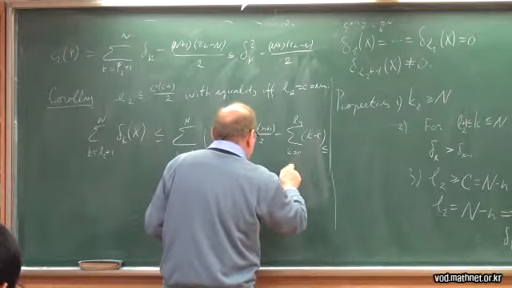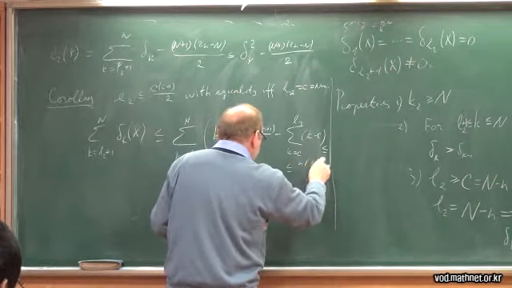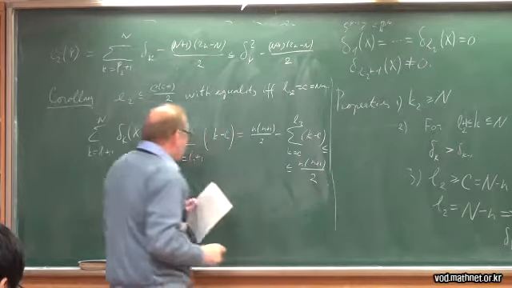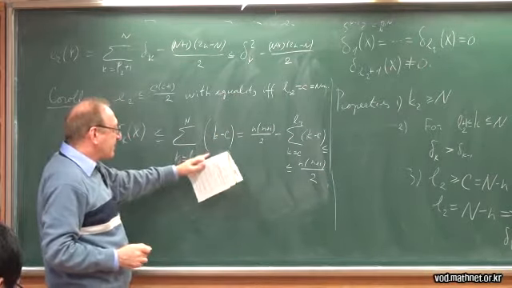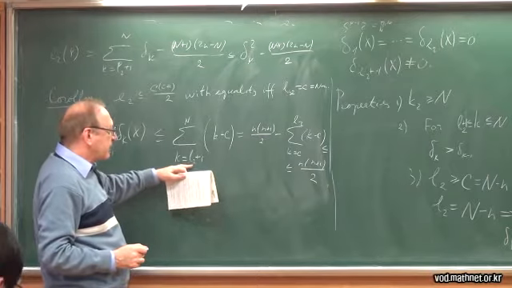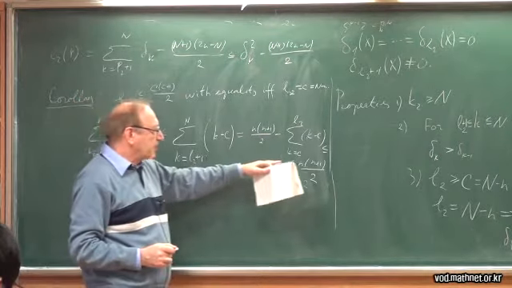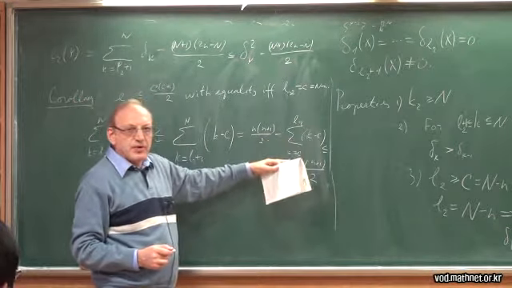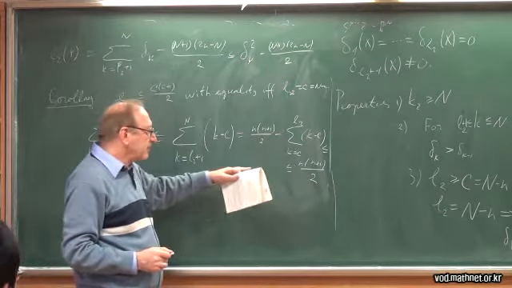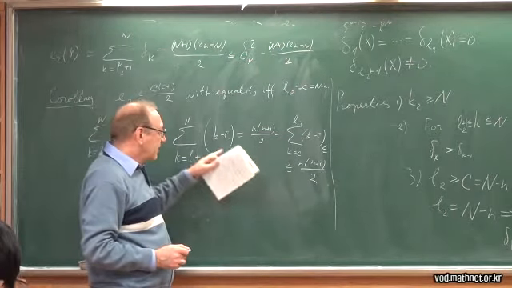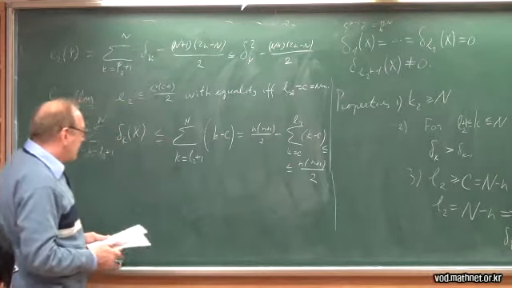And therefore we have this. So I need to sum up these numbers, but starting with L2. So I add this term summing from C to L2, because before C they are always 0, and we get this. This is again a trivial summation.